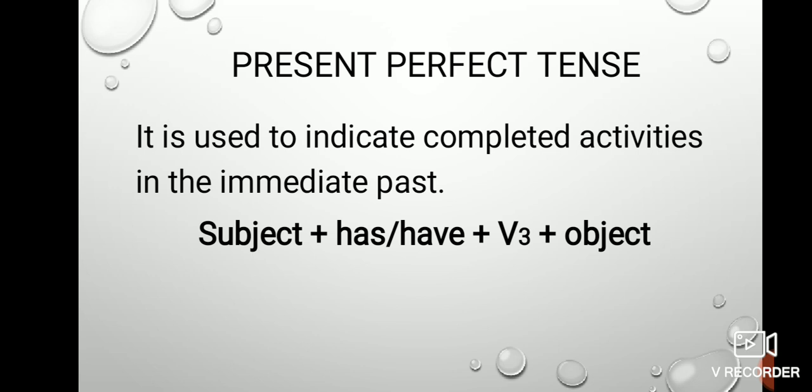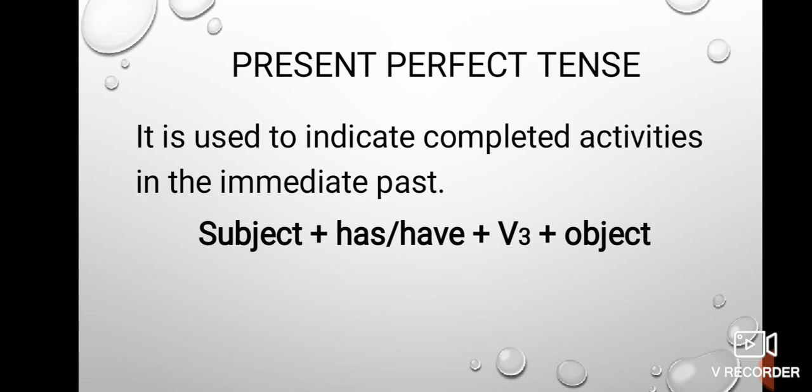Present perfect tense indicates an action which is already completed. Not the action which is happening, but an action which has completed already. Just one or two hours before, if an action has completed and you want to describe that particular action, we can go with present perfect tense, right?